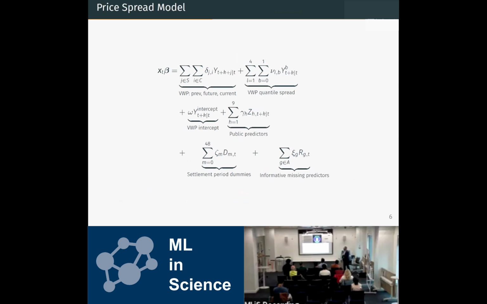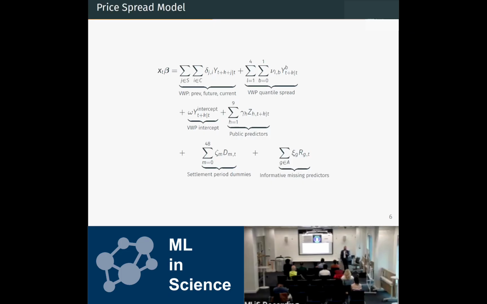So the next one, I know I come from math and stats, so you will see some mathematical notation. Sorry for that. So here is the price spread model, and because I said that we're incorporating prices from the intraday, the balancing mechanism, and the day-ahead market, our target variable is the difference between the imbalance price and the day-ahead price.